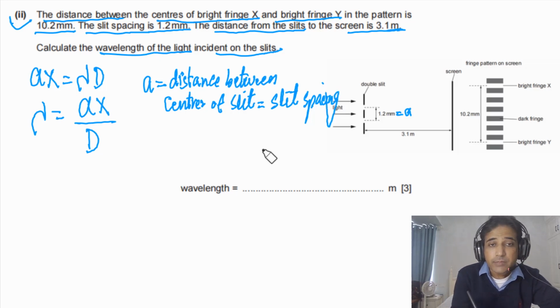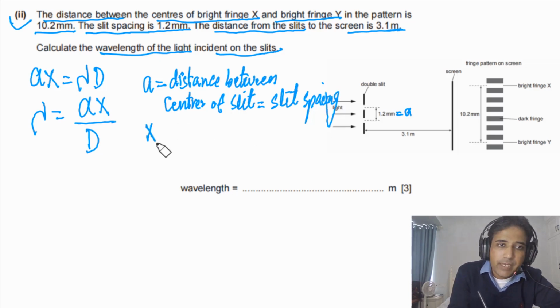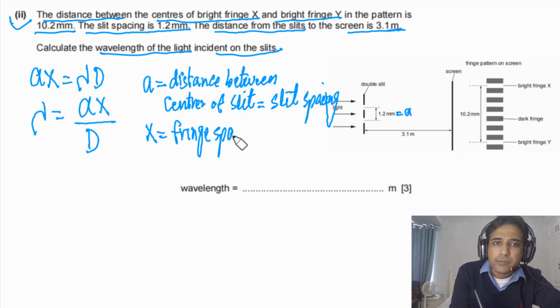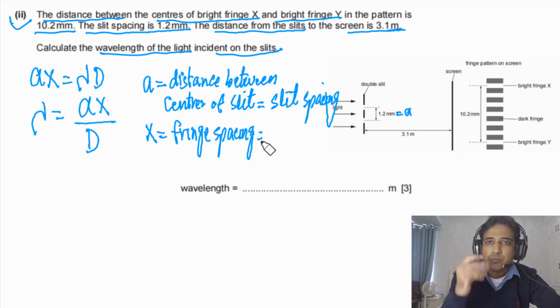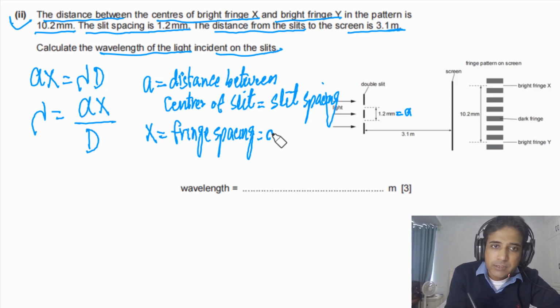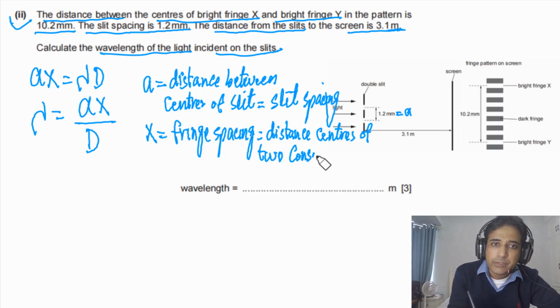Very important: slit spacing. What is x? x is the fringe spacing, but this is not a complete answer. Fringe spacing is often confusing, so we need to understand it in a little more detail. What is meant by fringe spacing? It is the distance between centers of two consecutive bright fringes.